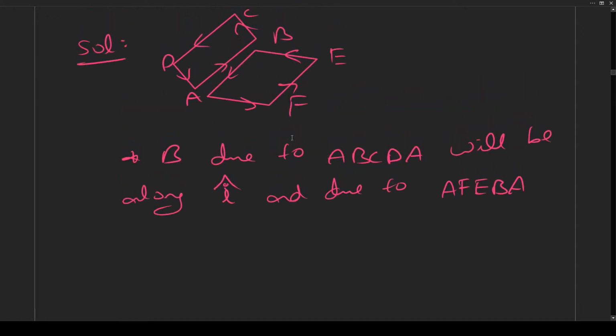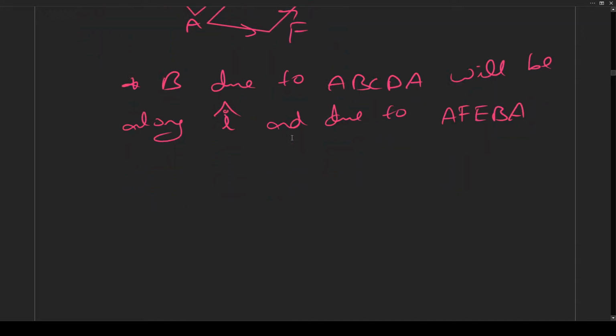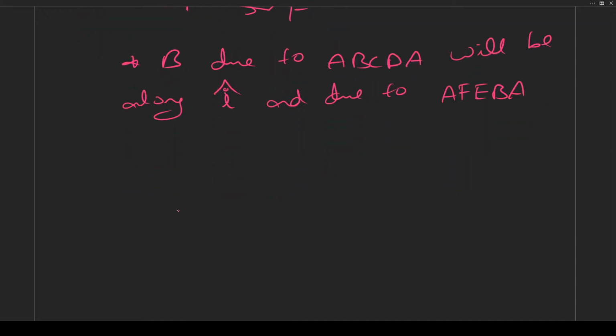This is kind of the right hand thumb rule, and due to AFEBA will be along Z axis, so K cap. Magnitude will be same as current passing through will be equal.